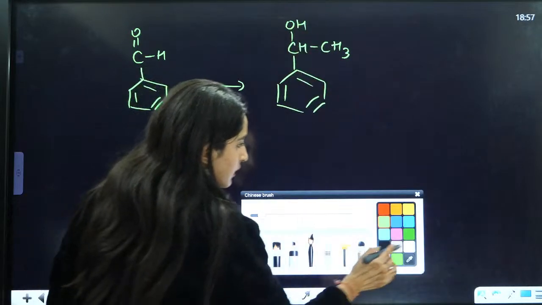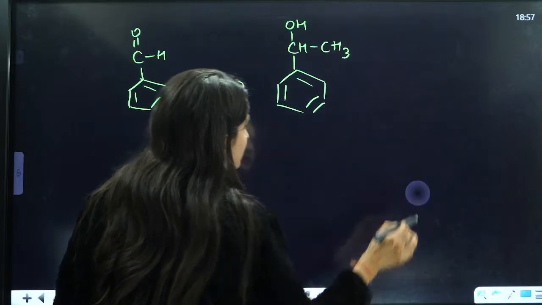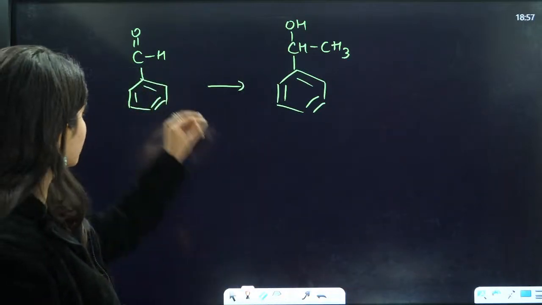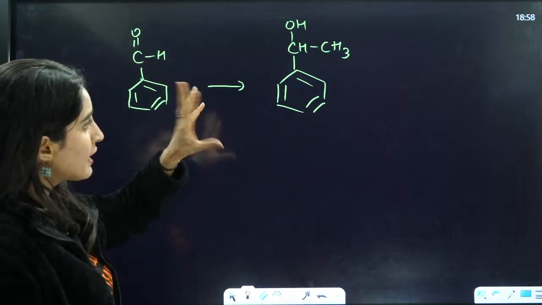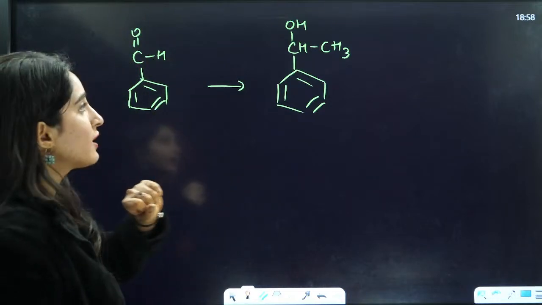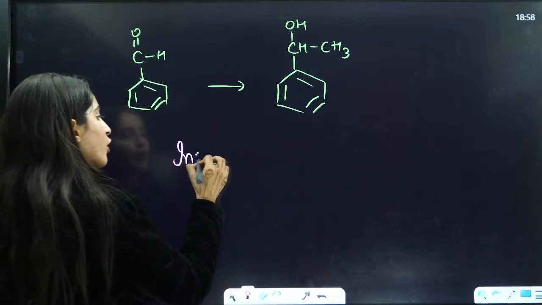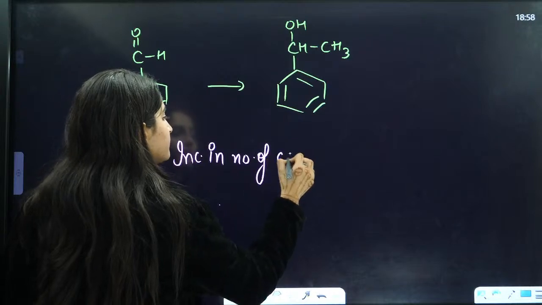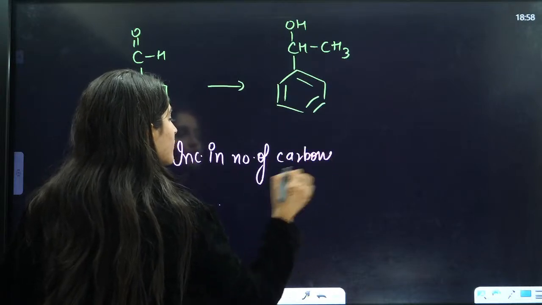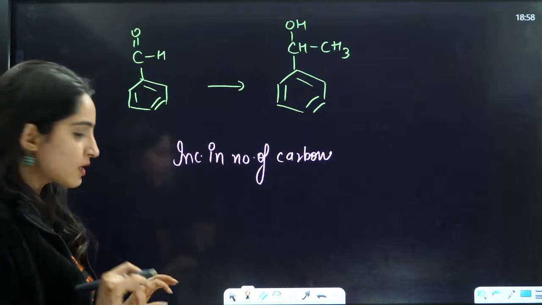This is COH and this is CH3. So can we confirm that there is an increase in the number of carbons? There is an increase in the number of carbons.